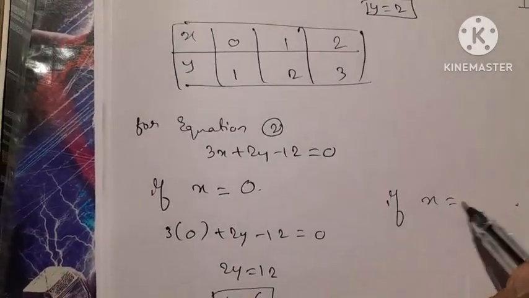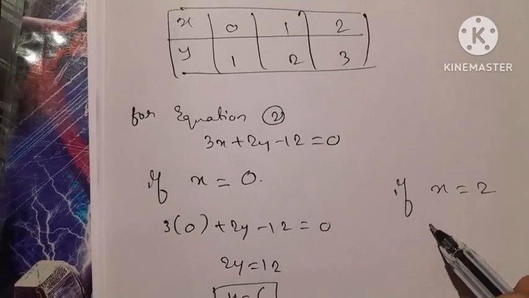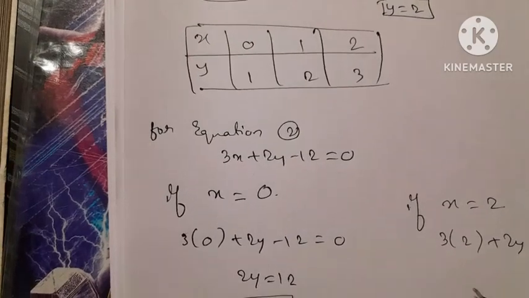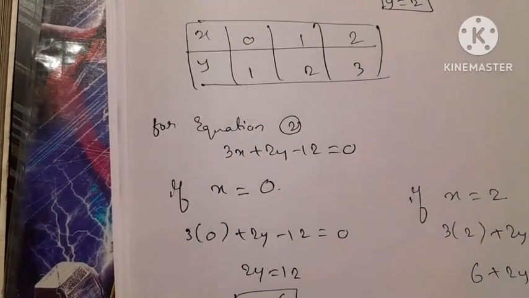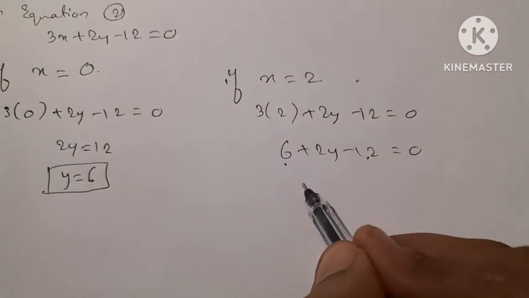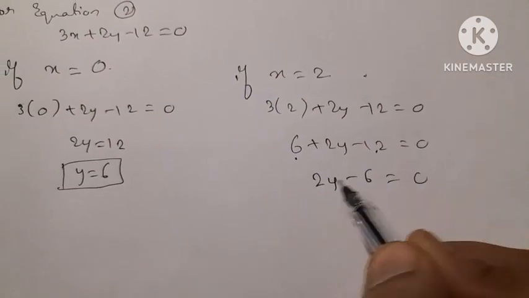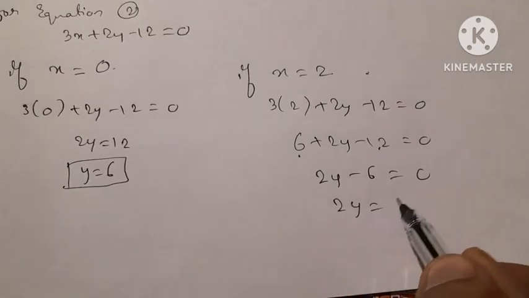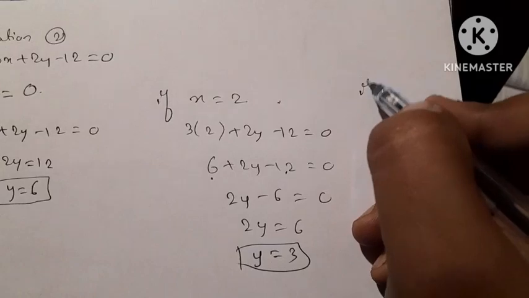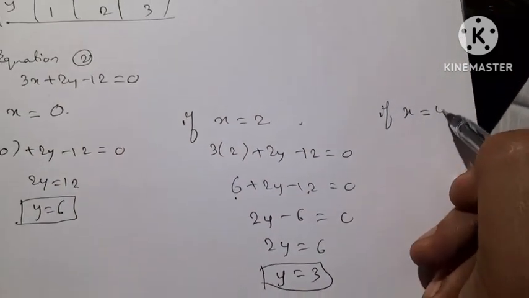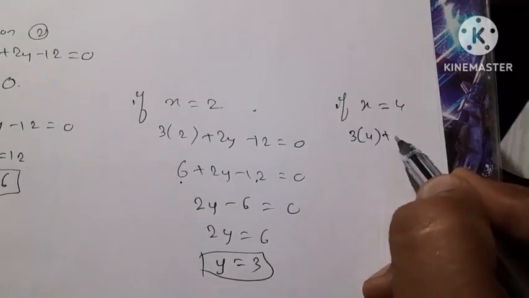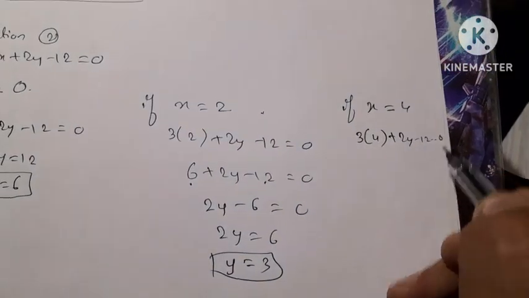If x is equal to 2, then 3 into 2 plus 2y minus 12 equal to 0, 6 plus 2y minus 12 equal to 0, then minus 12 plus 6, so we will get minus 6, 2y minus 6 equal to 0, minus 6 here, 2y equal to 6, y equal to 3. Now if x is equal to 4, so 3 into 4 plus 2y minus 12 equal to 0.